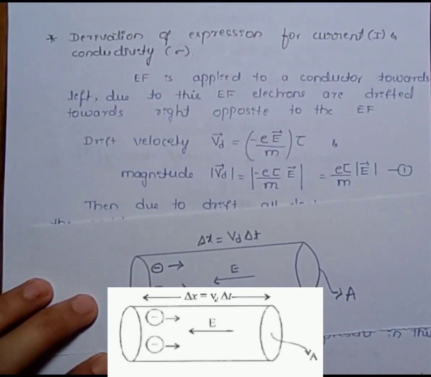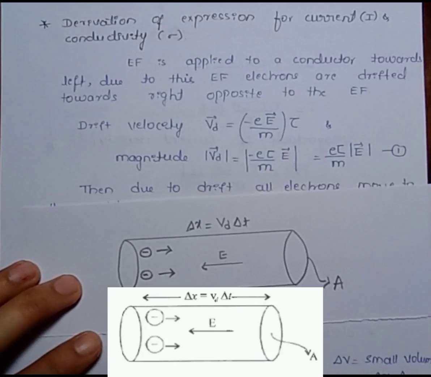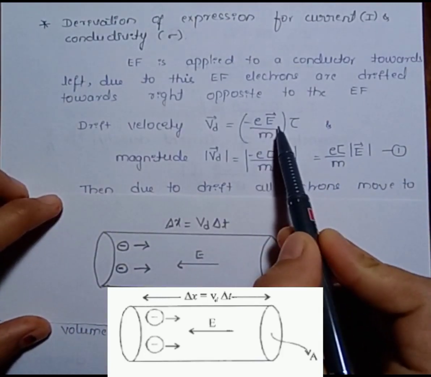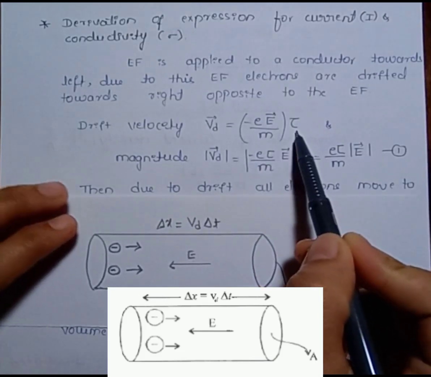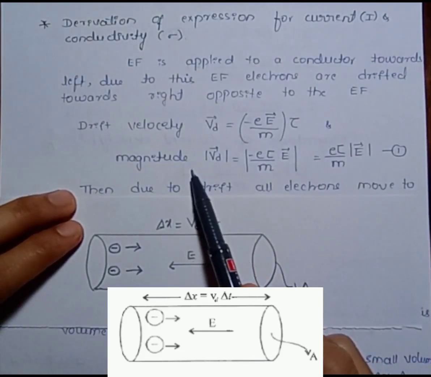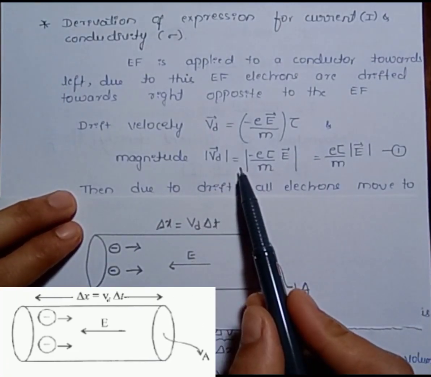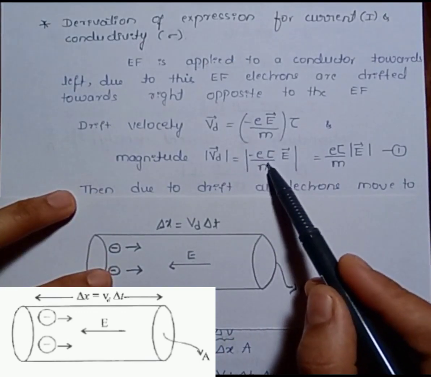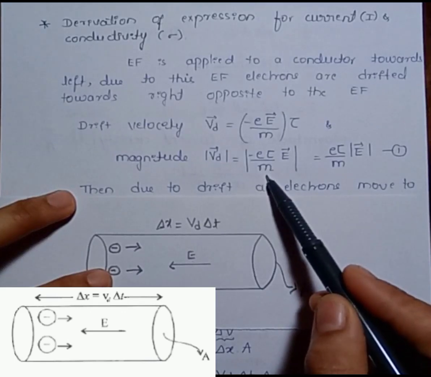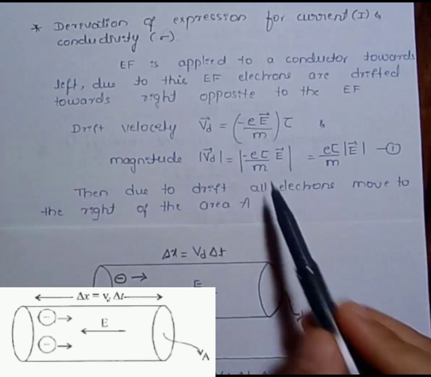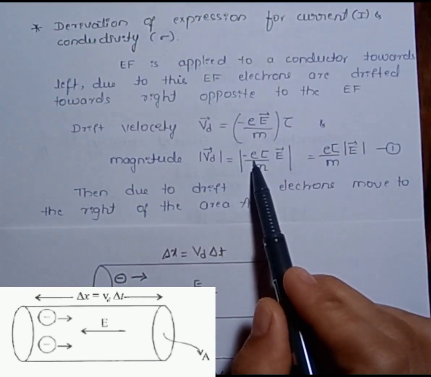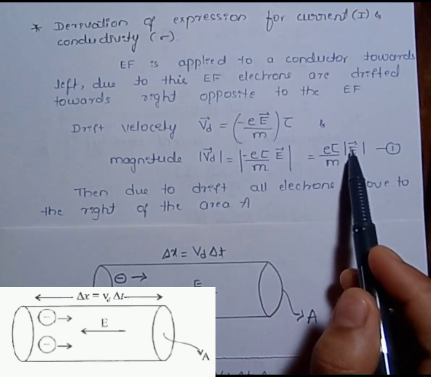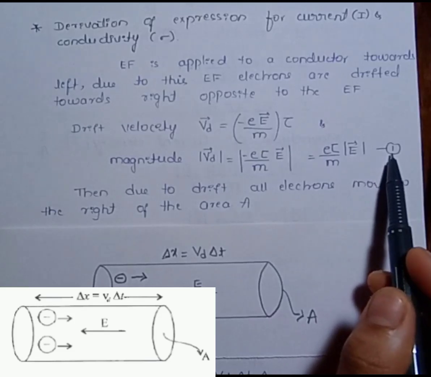Then we know the drift velocity expression Vd is equal to minus e capital E divided by m into tau, and the magnitude of that drift velocity Vd is equal to the magnitude of minus e tau divided by m into E. The magnitude of the negative sign becomes positive.